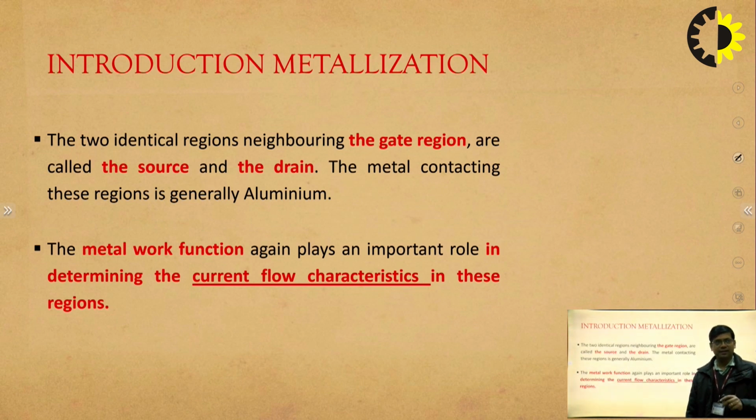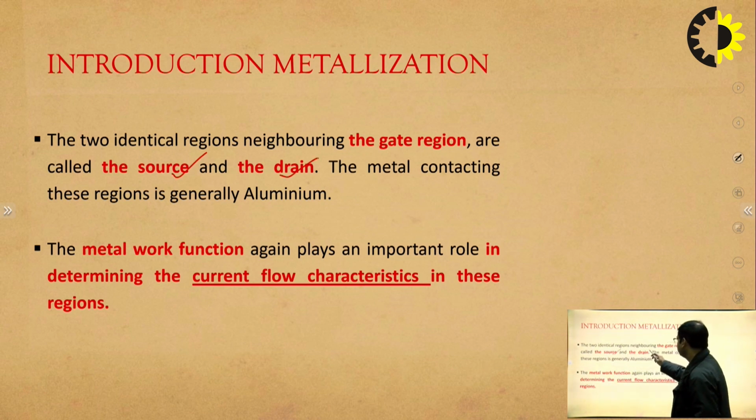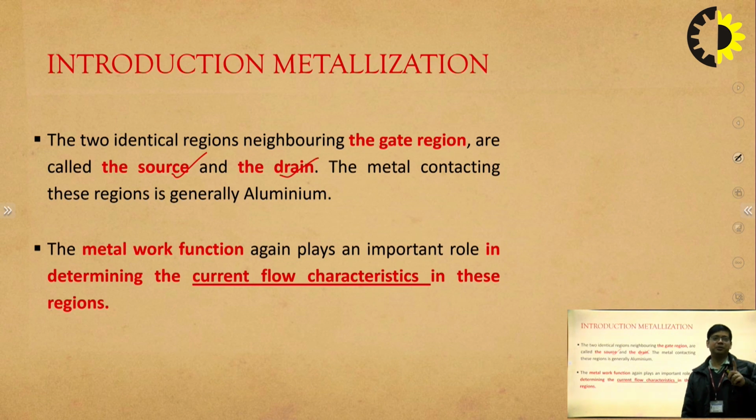The other two contacts are known as source and drain. And for these two contacts, aluminium metal is used. For gate electrode, polysilicon is used. For other two contacts, that is source and drain, aluminium is used.